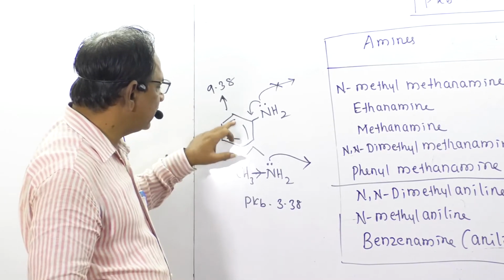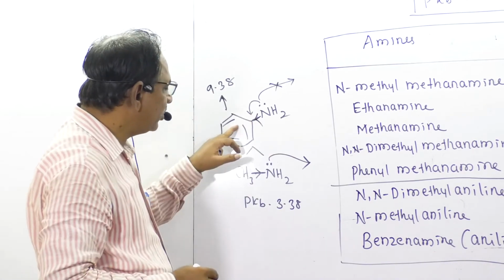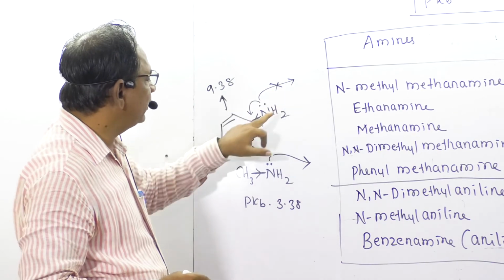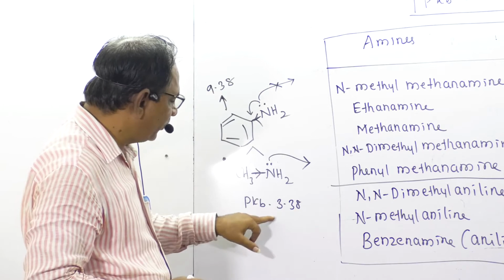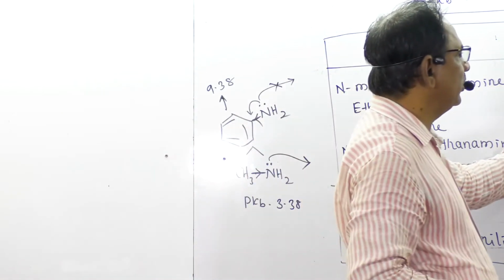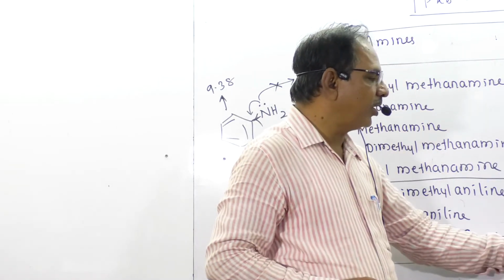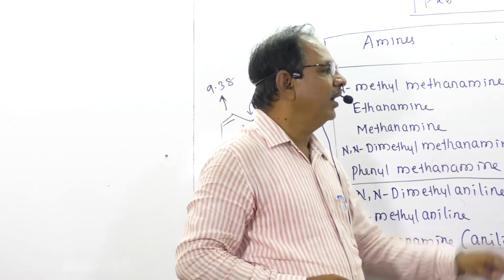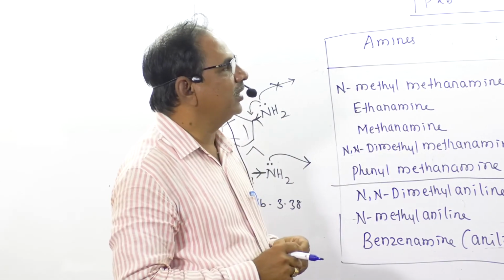But in the aromatic case, the group is electron withdrawing, which withdraws electrons from nitrogen instead of donating. Hence its pKb value is more. Due to the electron donating group, the pKb value is less. So the final conclusion is aliphatic amines are more basic than aromatic amines, or aromatic amines are less basic than aliphatic amines. This is about the basic nature of amines.